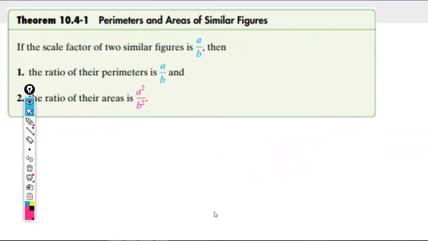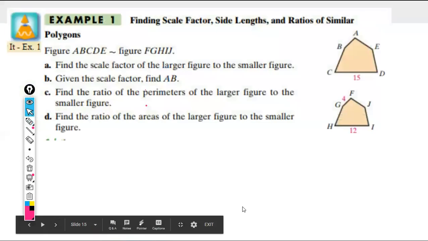So whatever the scale factor is, when you add up all the sides of one figure and then add up all the sides of another figure, and then compare them, you would get the same ratio. The areas, the ratio is squared. So you would take the scale factor and then square it to see how the areas compare. I'll show you what I mean. It's kind of a weird concept here.